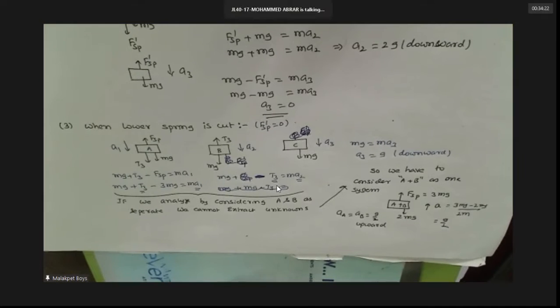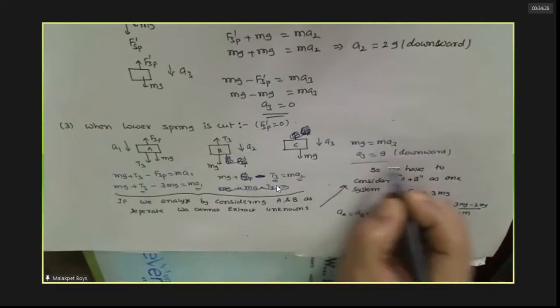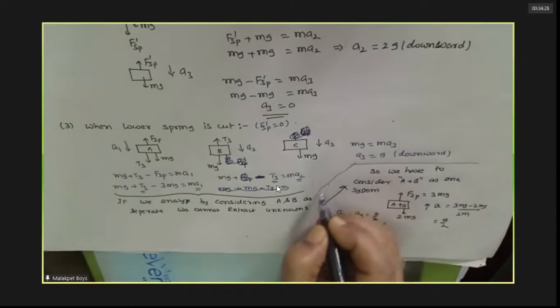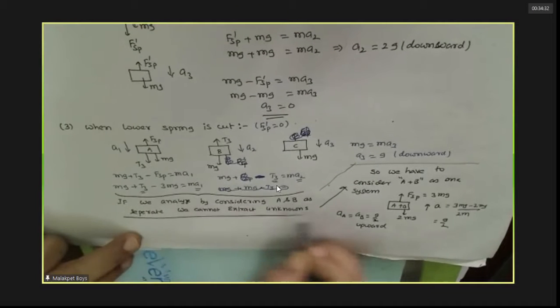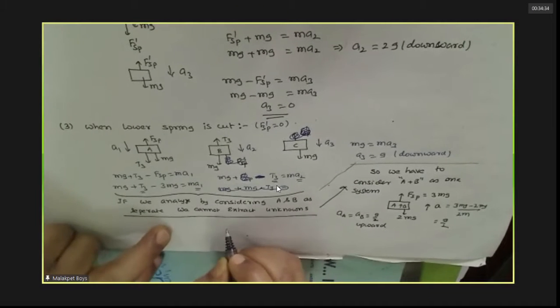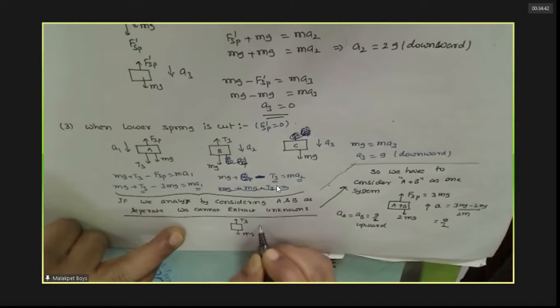Now, once you know this, if you want to find the tension, take a single body, you'll get it. That's all. This is T3. This is mg. Actually, the acceleration is g by 2.